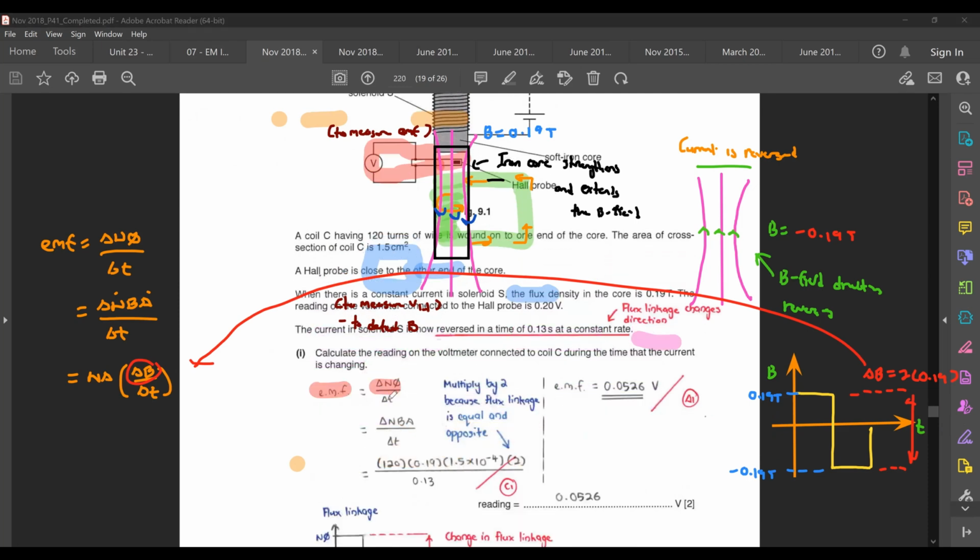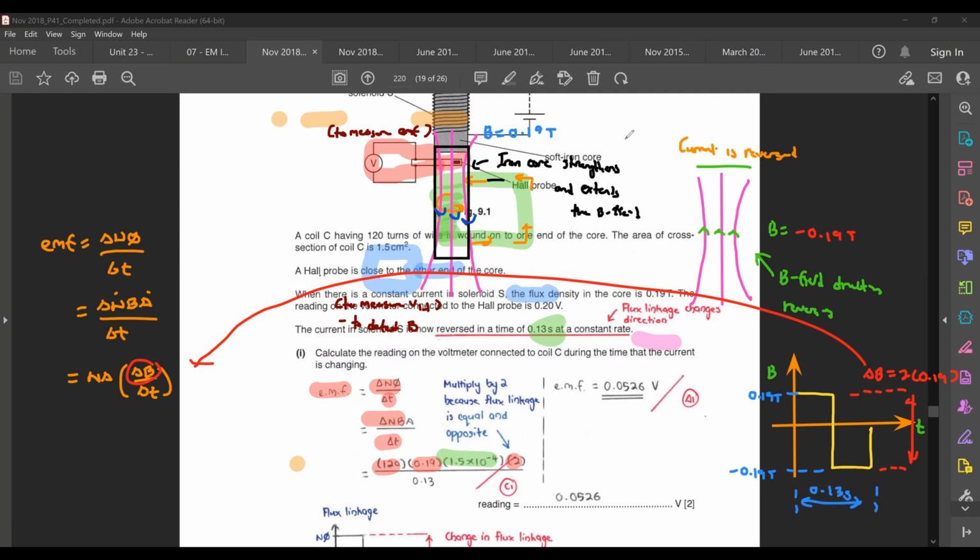EMF being the rate of change of flux linkage, change in NΦ divided by time, then you put in the value of your number of coil turns times your flux density multiplied by 2, then multiplied by your cross-sectional area before dividing by 0.13 seconds. The time when your flux density reversed was given as 0.13 seconds.